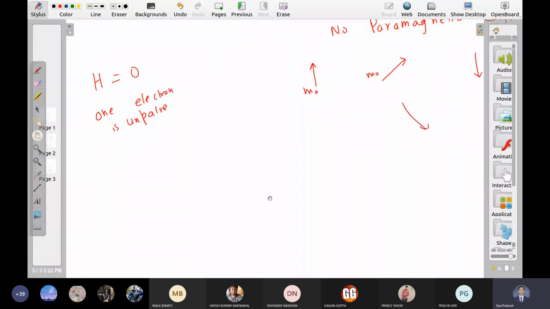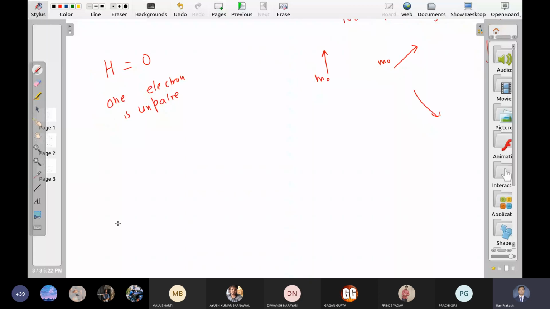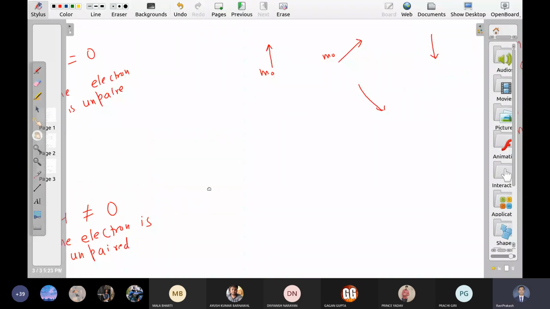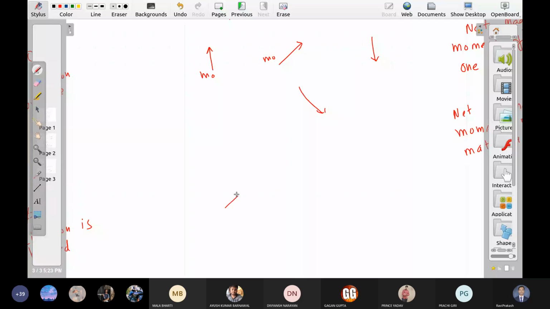Now let us apply some magnetic field here. What do you expect now? So we have many magnetic moments, and let us say this is the applied field.